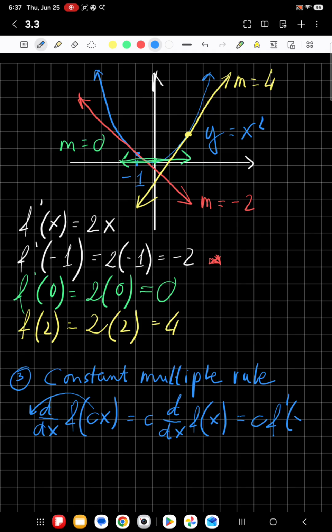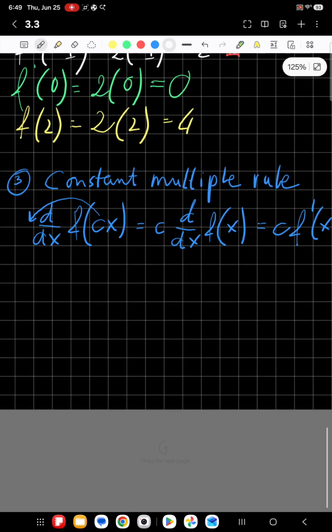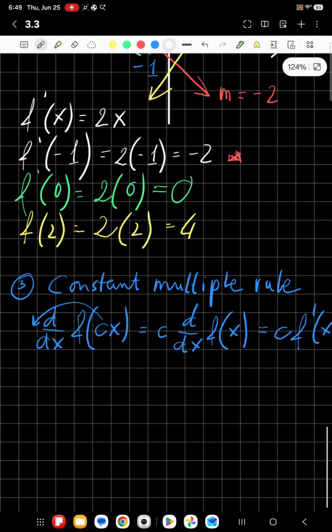F prime of x. Okay. All right, so let's do a couple examples to illustrate this. Okay, couple examples. I'm just gonna do example 1.